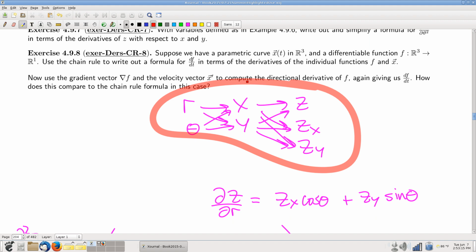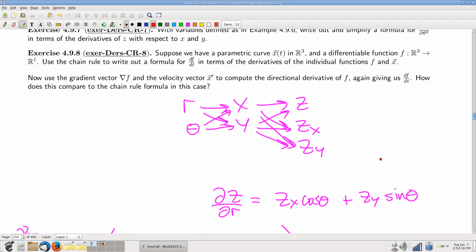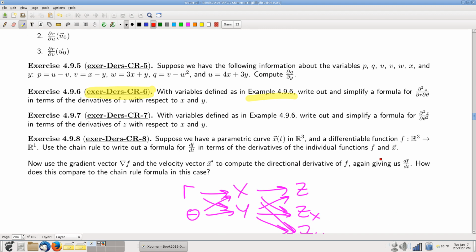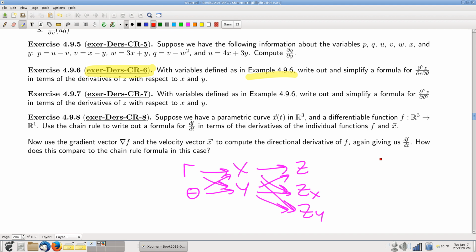Is zxy the same thing as zyx? For twice continuously differentiable functions, yes, and that was the intent in the question. Hopefully, I wrote that in the example. So they have to tell you if it's twice continuous.